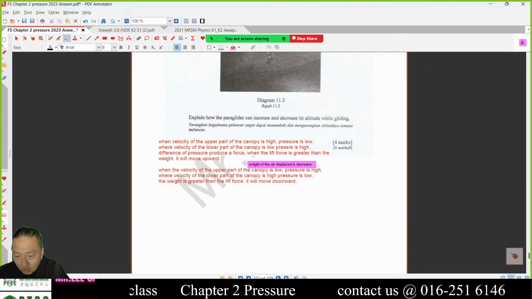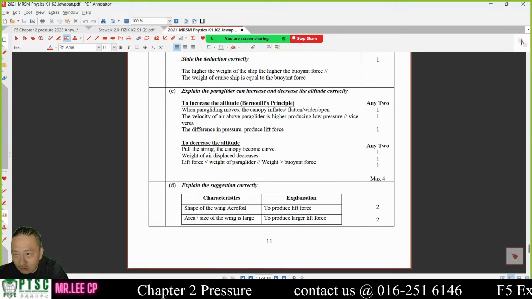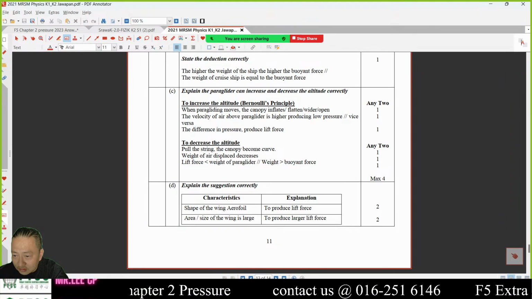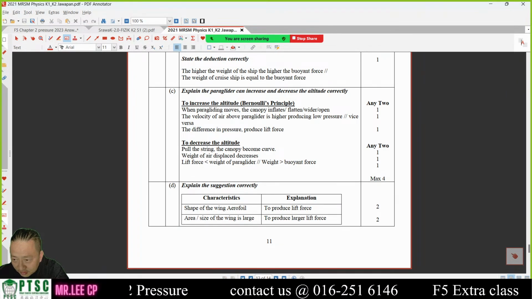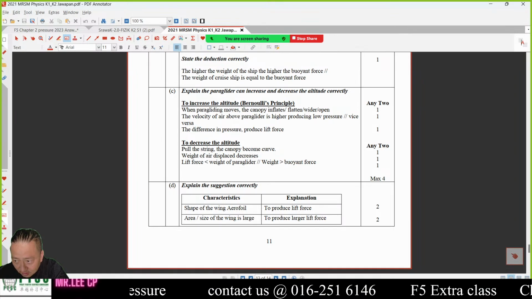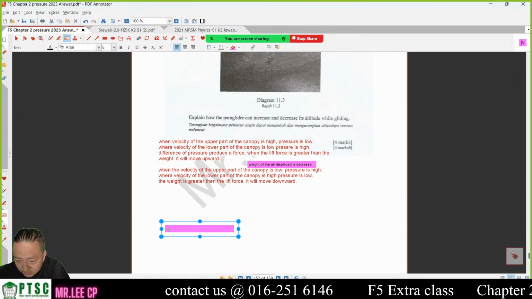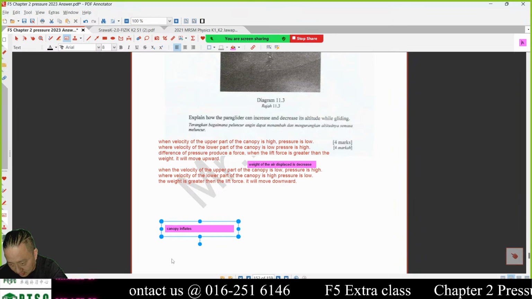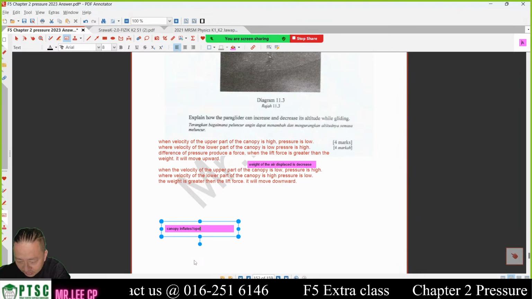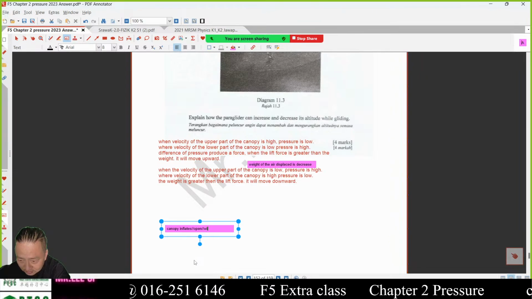Oh, this one I forgot. When the paraglider is moving, the canopy inflates, or opens, or becomes wider, flatten.